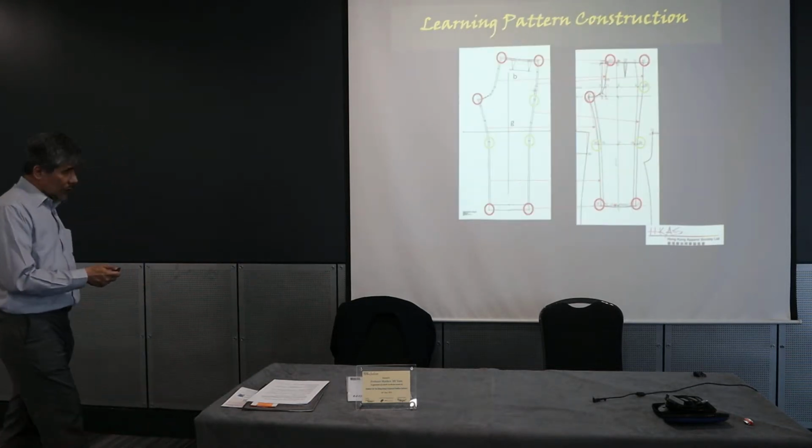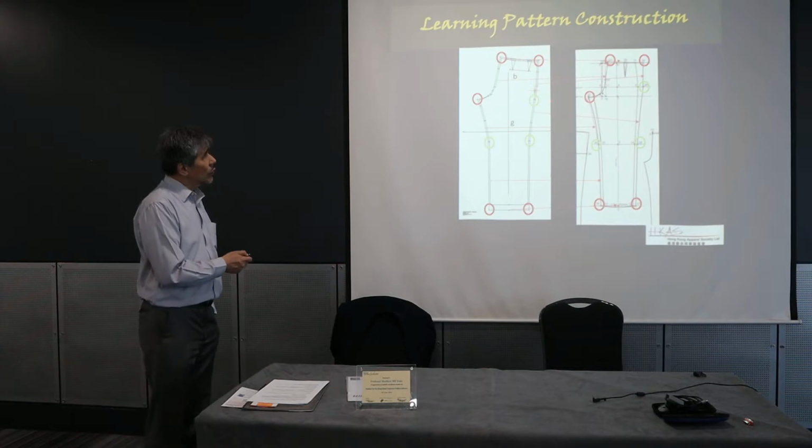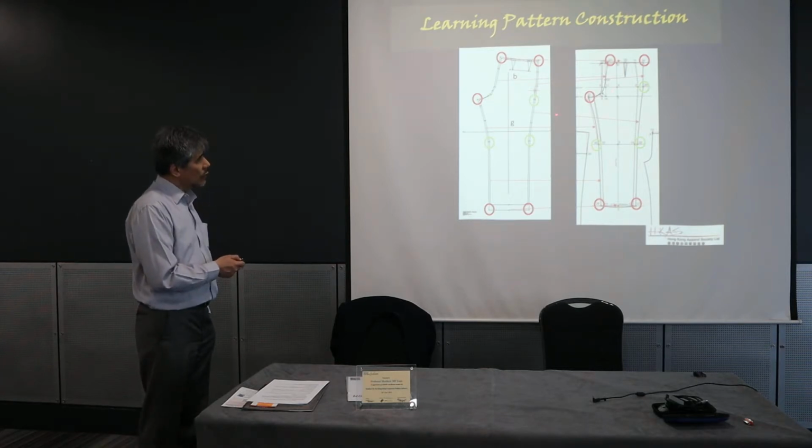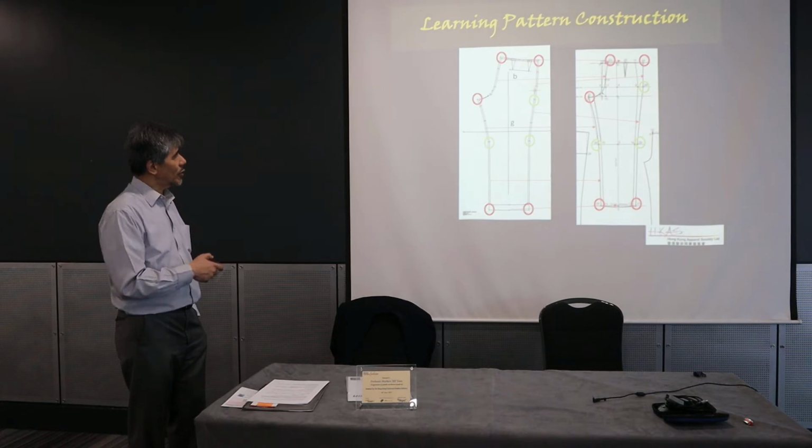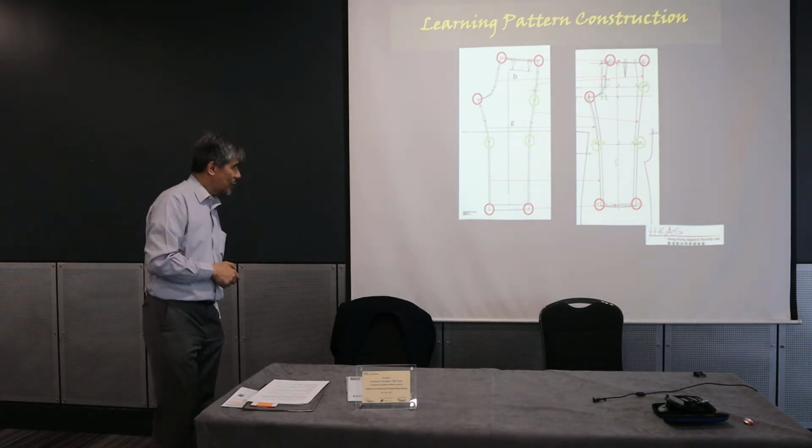You'll also see that our reference pattern may differ from what the commercial parties are doing. In this case, there is only one dot, and there are 2 dots on the pair of trousers, but they are basically of the same topology, or same shape, or same pattern piece.